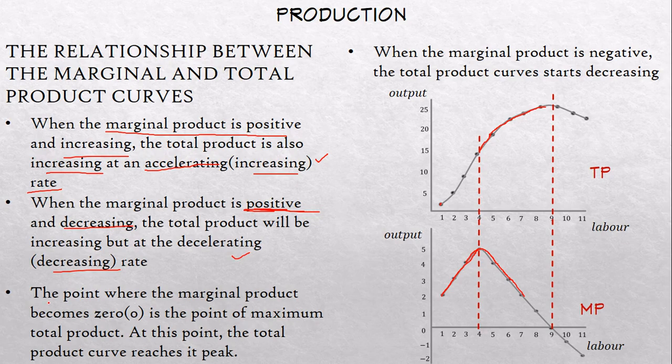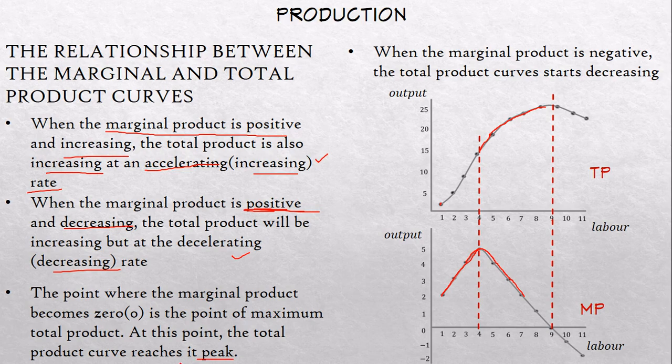The third: the point where the marginal product becomes zero is the point of maximum of the total product. That is the point where the total product is at its peak.